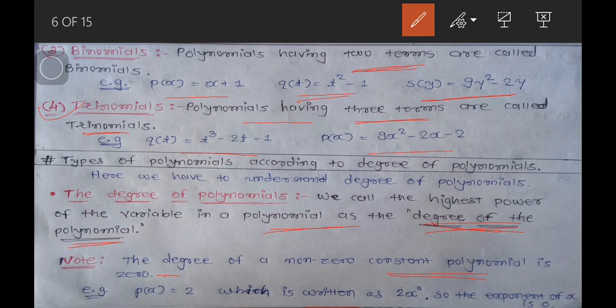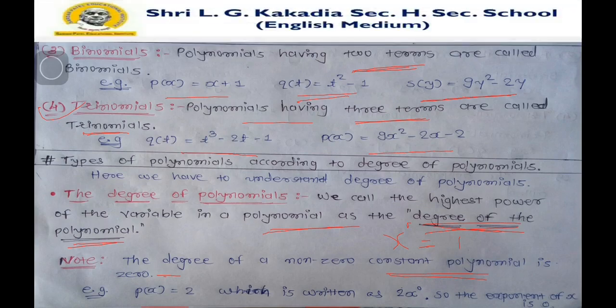We know that the power 0 of any variable is equal to 1. So the exponent of x is 0, and the degree of the given polynomial is 0. So that is about the degree of polynomials. Now from this we will study the types of polynomials according to degree of polynomials.